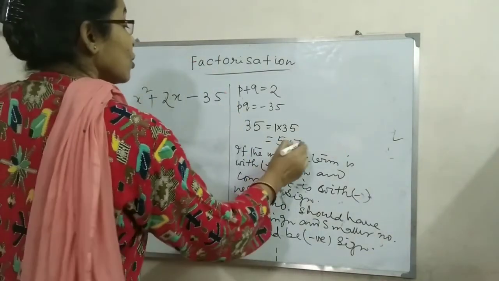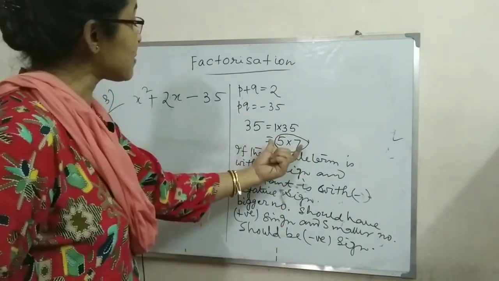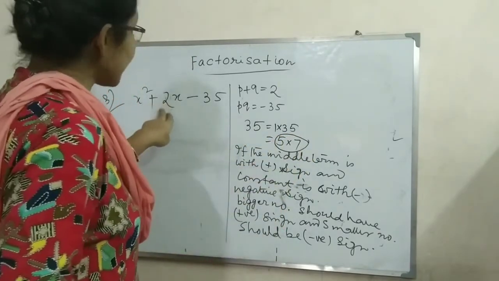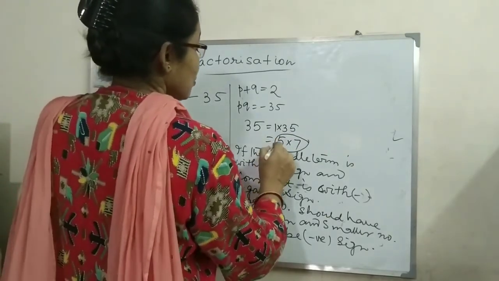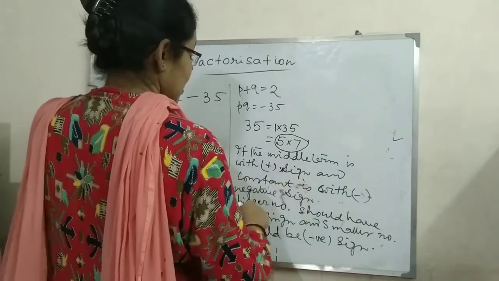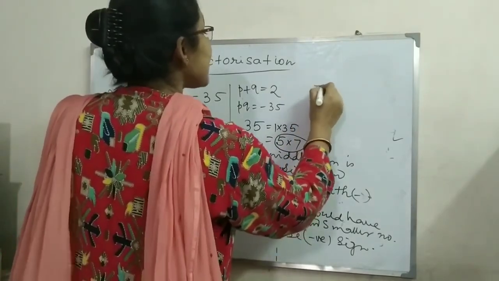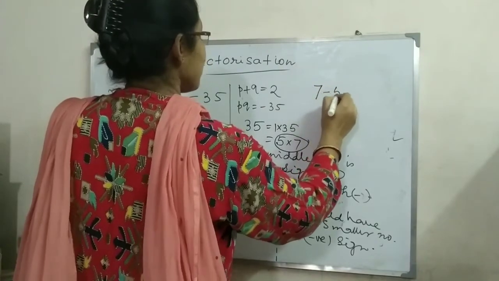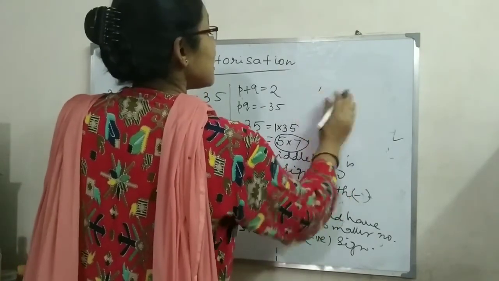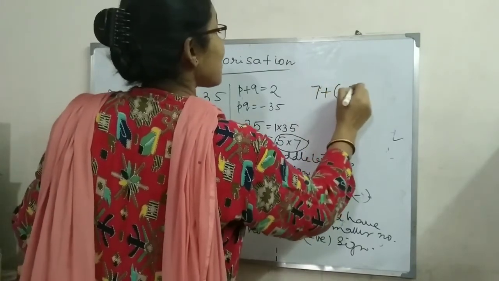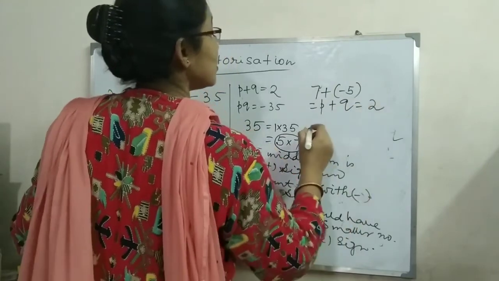That is, from these factors 5 and 7, I will take 7. The bigger number is 7. I take 7 minus 5, that is 7 plus minus 5, equal to p plus q equal to 2.